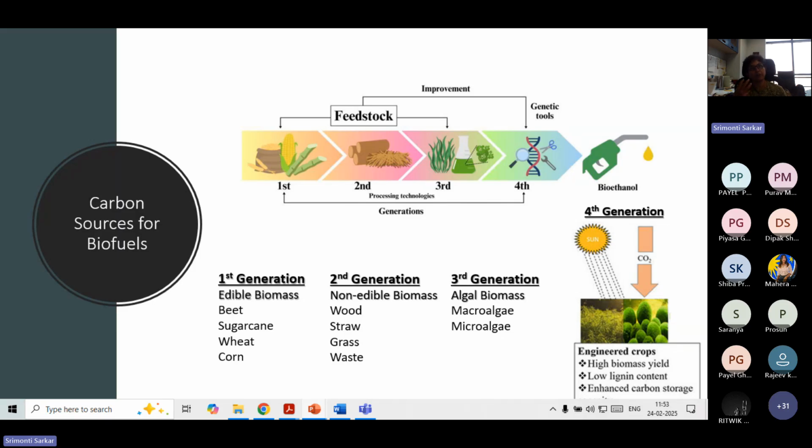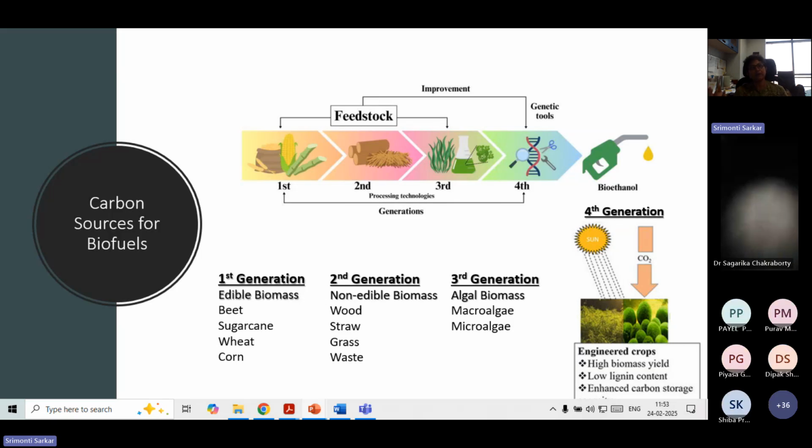These are all, why were they used? Because they're very highly enriched in sugars. So you can get bioethanol from these sources very quickly. But we'll see that there was a challenge, because it's like choosing whether you put food on the plate or you convert that food into biofuel.